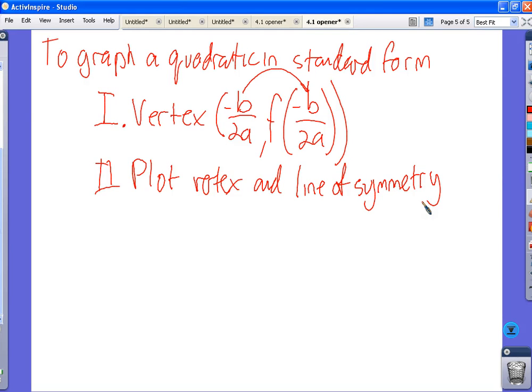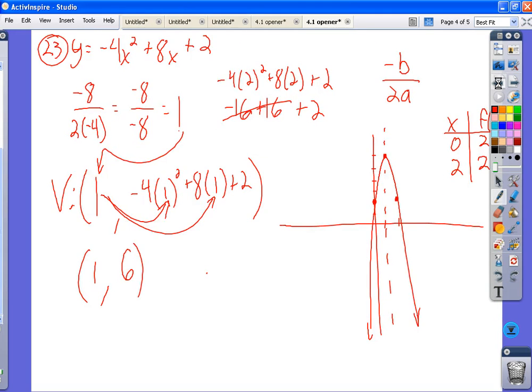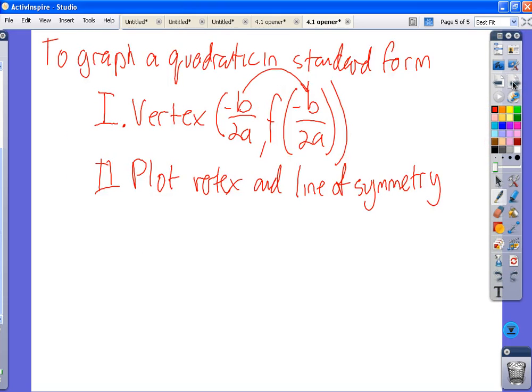It's just an aid. The vertex actually is part of the graph. When you put in 1, you get 6. But you don't get this line from that function. So it's not a necessity, but it is helpful. You can say that this is optional.